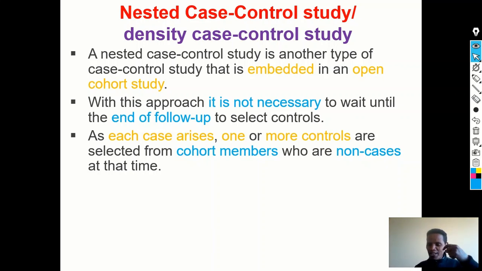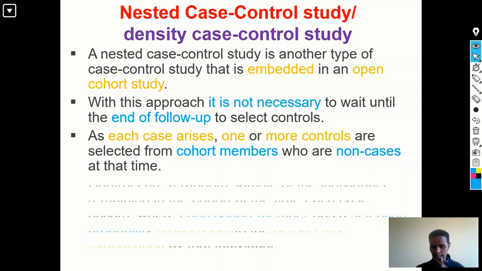So when we get a new case, immediately one or two controls will be selected. If the ratio is 1:1, when we get a new case, one control will be selected. If the control to case ratio is 2:1, when we get one case, two controls will be selected. That is the idea.